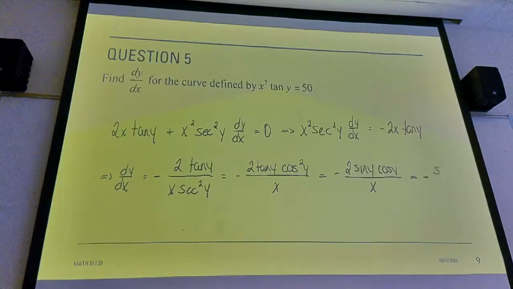Edit: sine 2y. Make it the sine of 2y over x. Two sine y cosine y is the double angle identity for sine. So to me, that's much simpler than the original.